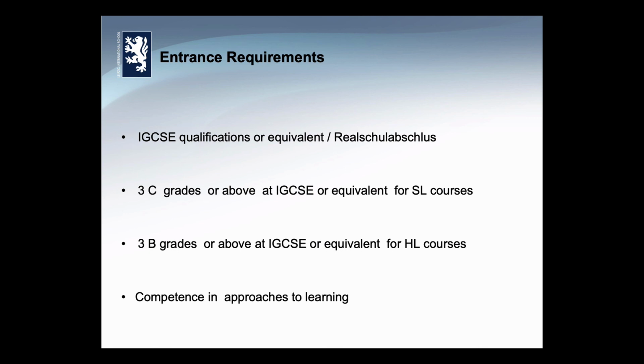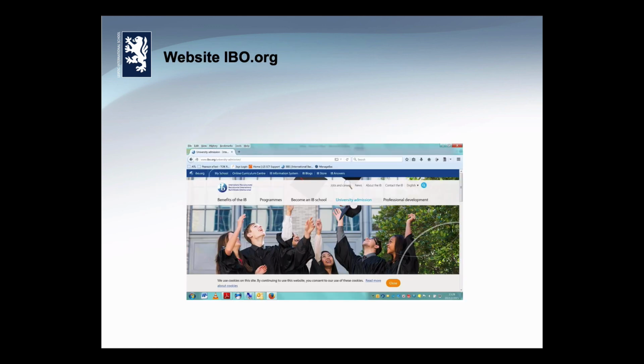So for more information from the IB, we have a couple of videos which I'm hoping to attach to the parent portal with the letter that I've previously mentioned and the subject choice form for you to have a look at. These will give you some information about why an IB education is important and effective and desirable.